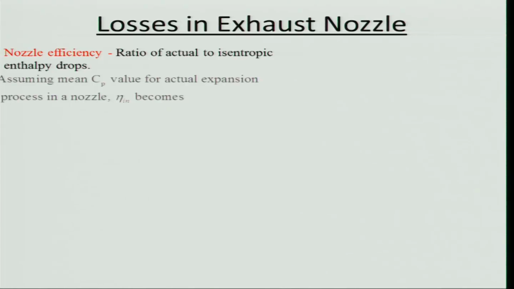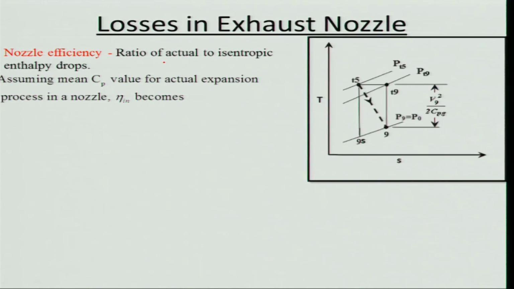So, losses in the exhaust nozzle. We will look at nozzle efficiency, the ratio of actual to the isentropic drop, and again we are assuming a mean Cp value for the actual expansion process in the nozzle. If you look at the processes in the TS diagram, this is basically from station 5 to 9. TT5 is the exit of your turbine.